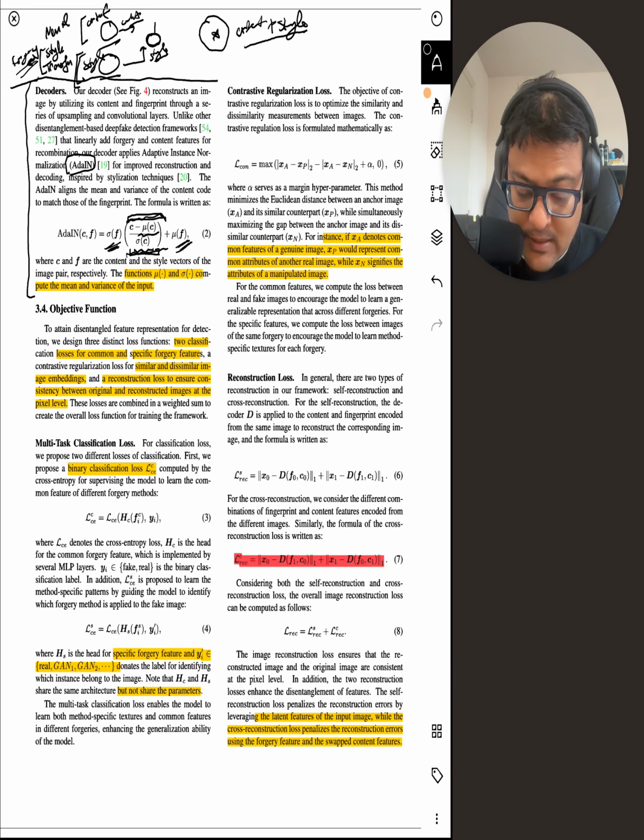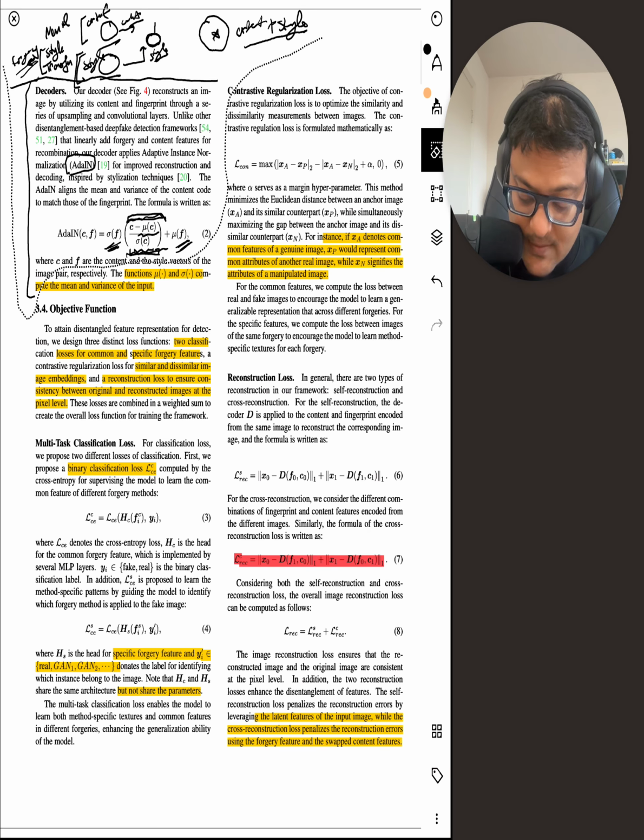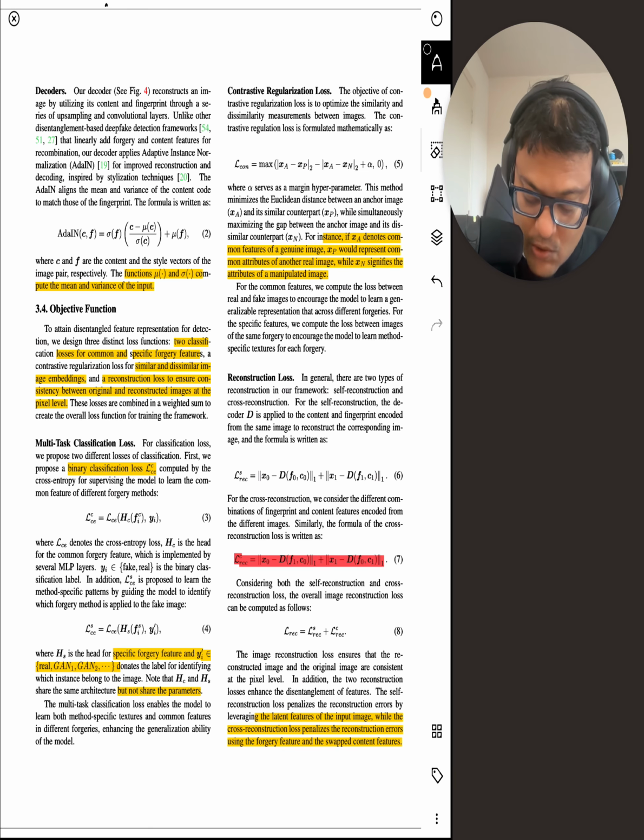So if you look here in closer detail, what is happening is as follows. You have a content fingerprint.